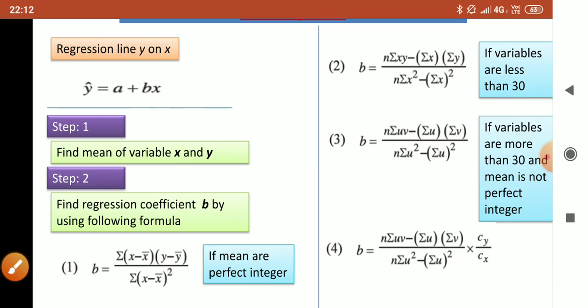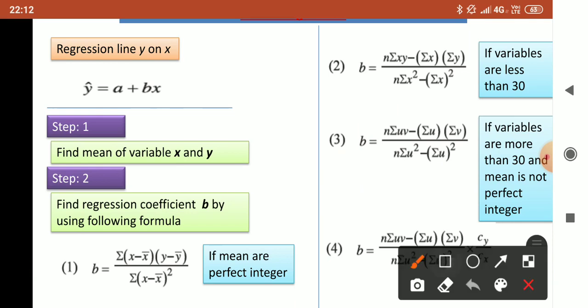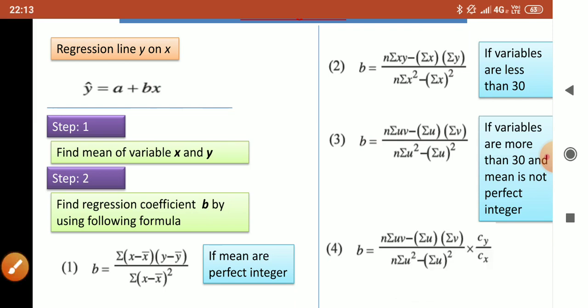Now the fourth formula is, you just have to add, that's it. Only you have to add cy by cx. At the end, n sigma uv minus sigma u into sigma v, I am talking about the fourth formula. You just have to multiply cy by cx. Why?